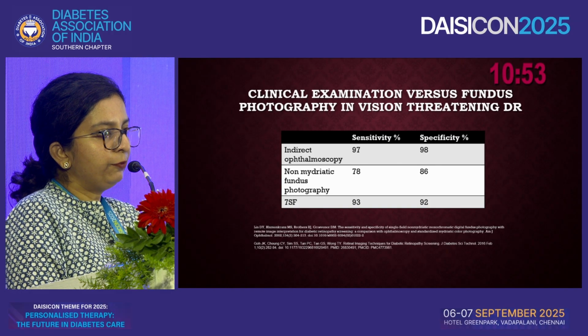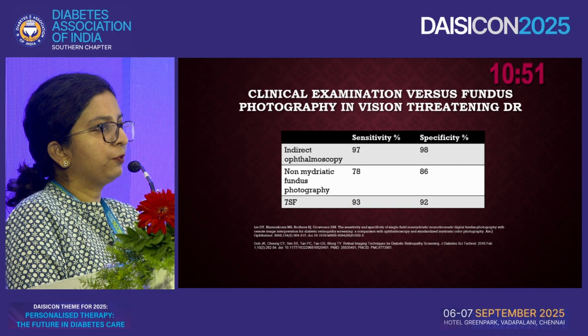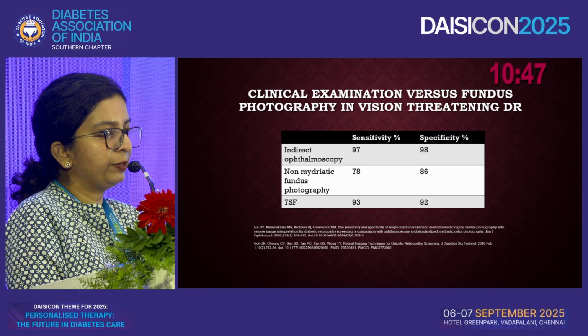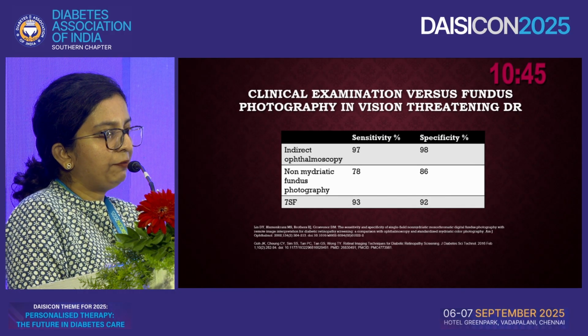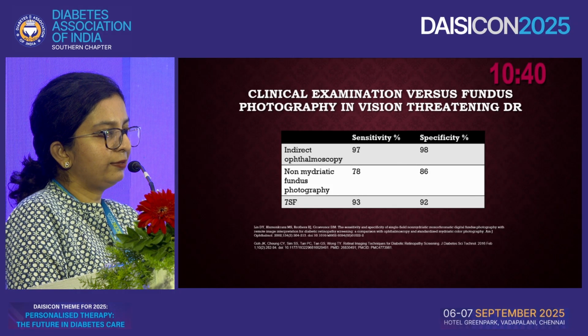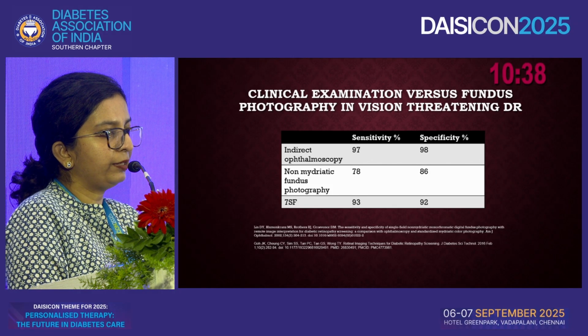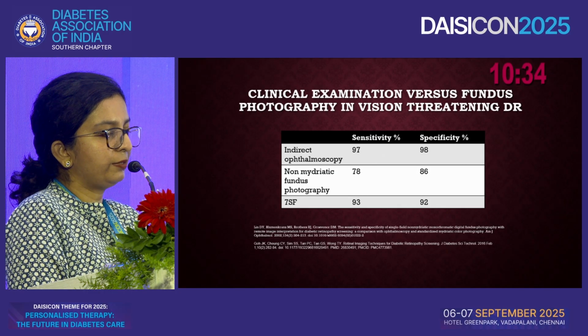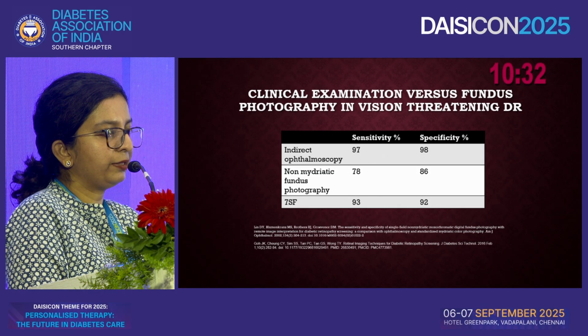As of now, clinical examination with indirect ophthalmoscopy is still considered the gold standard for diabetic retinopathy detection. When we compare the sensitivity of non-mydriatic fundus photography to that, it is significantly lesser. But standard fundus photography is almost similar, with a sensitivity of around 93%.